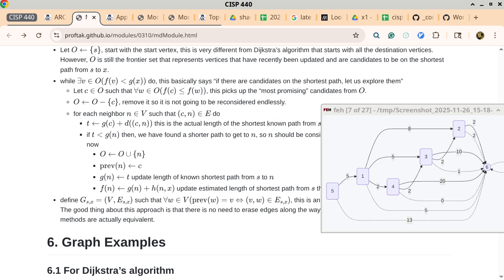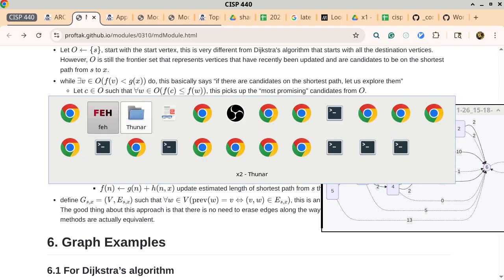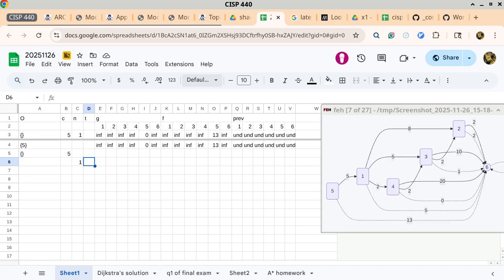It is g of c plus the distance of C to N. So the question now is, if I want to calculate the length of a path, not necessarily the shortest, to vertex 1 through vertex 5, what would that be? What is the length of the shortest path from the start vertex going through vertex 5 to vertex 1? That is the question. What do you think?